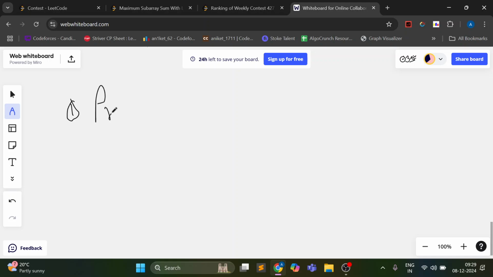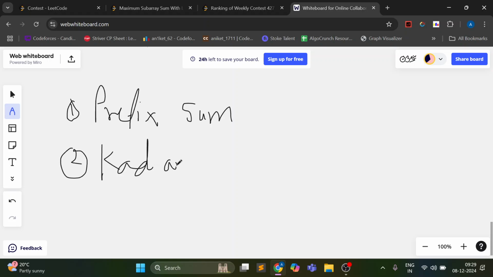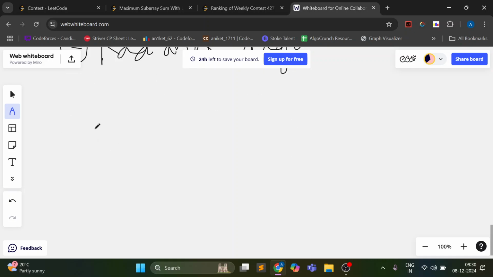One is prefix sum. Second is Kadane's algorithm. Now, what is prefix sum? Pf of i.